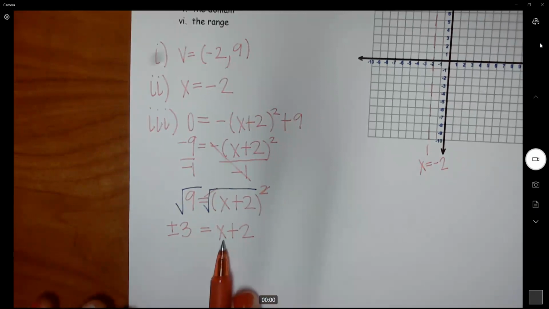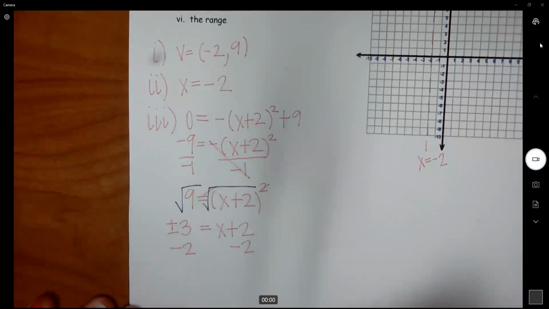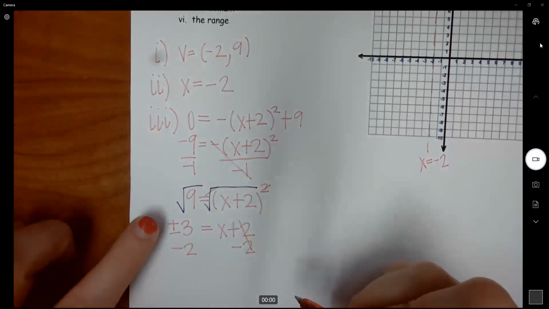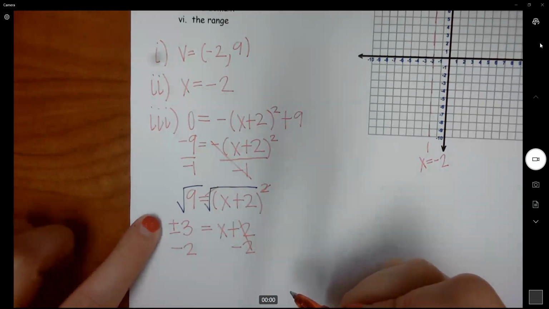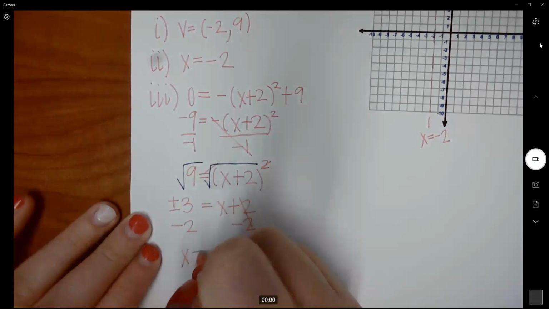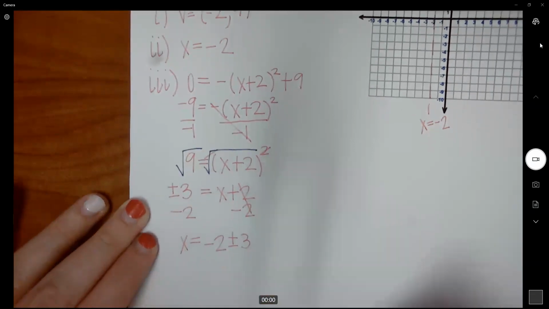Keep going and solve for x. We will do that by subtracting over our 2. You can write plus or minus 3, minus 2, but I like it the other way. So I'm going to say x equals negative 2 plus or minus 3.